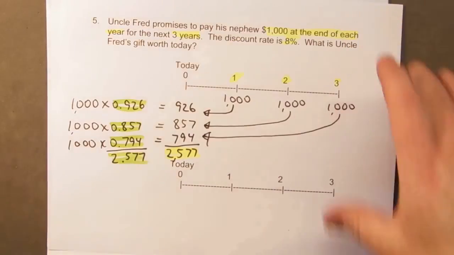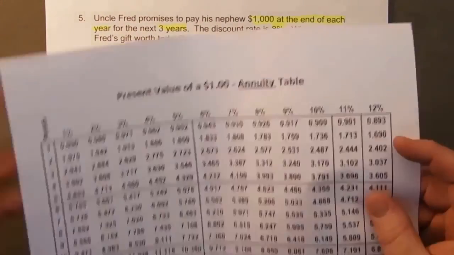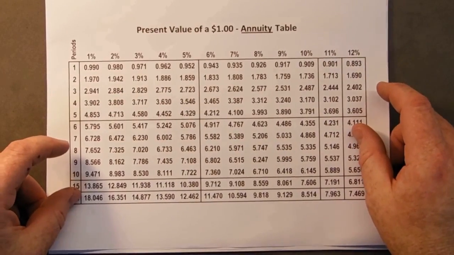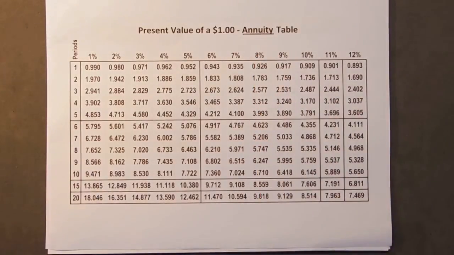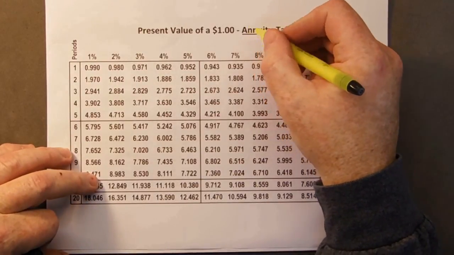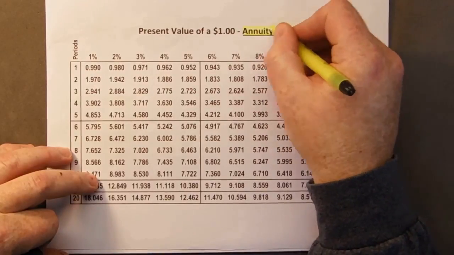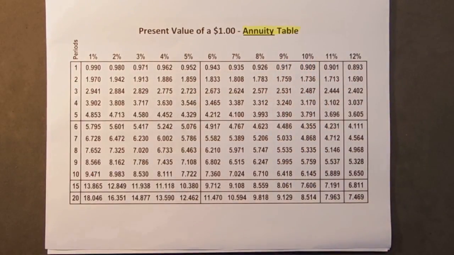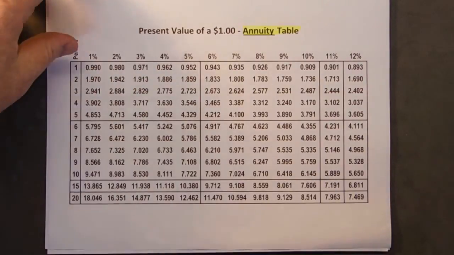It'll say annuity at the top. I'll show you mine. Alright, so this is page 12 of your handout, and again, this is an annuity table, and an annuity is sort of a special type of inflows in that they are all equal.